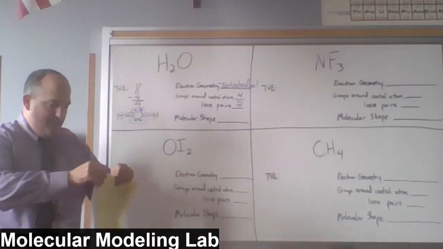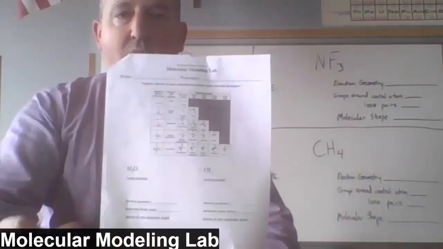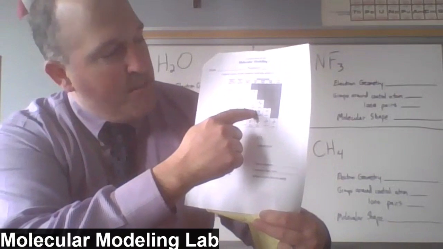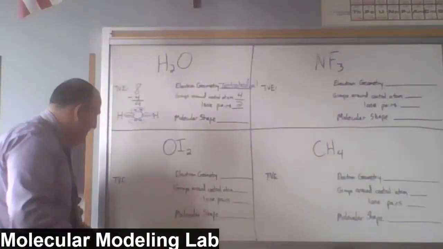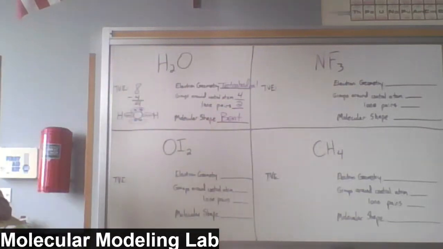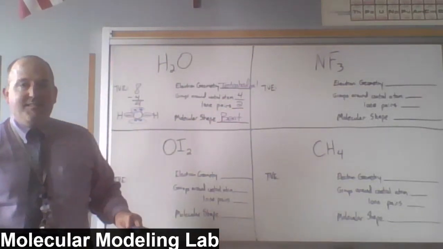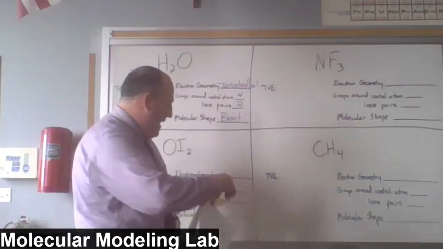And then to figure out the molecular shape, we use the chart that's at the top of the lab. In that chart, it lists, okay, if there are 4 electron groups with 2 lone pairs, the name of the shape is bent. It sounds non-scientific, but it actually is the scientific name for the molecule. This is to be done for each of these compounds prior to building it and making sense out of the build.